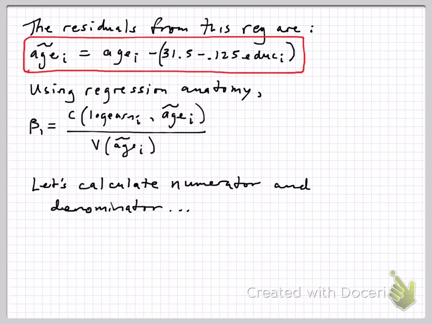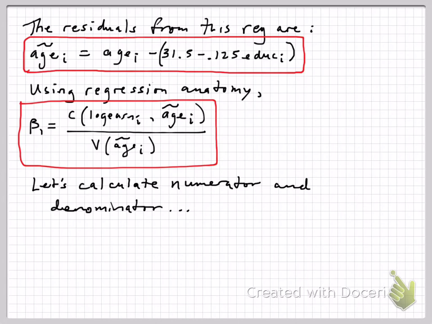Then, applying regression anatomy, we have the basic regression anatomy formula for the slope, beta 1, and again that's going to be the slope of a simple regression of the y variable log earnings on the residual from the first stage auxiliary regression, which is age squiggle. So we use the usual formula, covariance of the y and the x divided by the variance of the x to obtain beta 1.